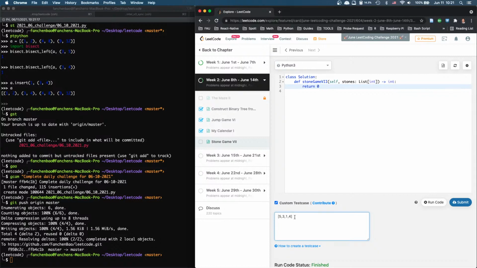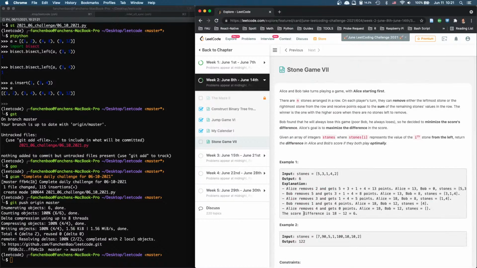Alice picked 4, right? Bob picked 3, and Alice picked 2. Alice picked 5, Bob picked 4, Alice picked 3. Now Alice picked 5, and then Bob picks 4, and Alice can pick 3, and Bob picks 2.